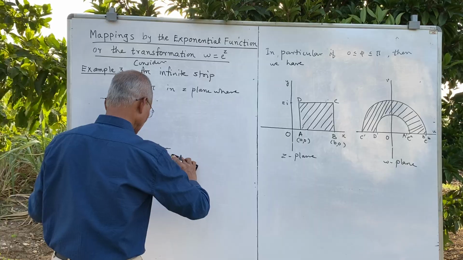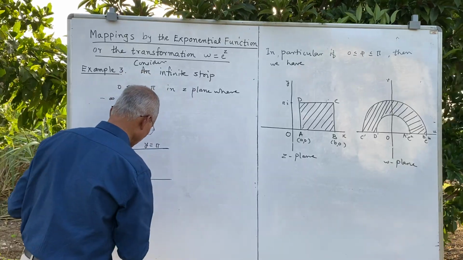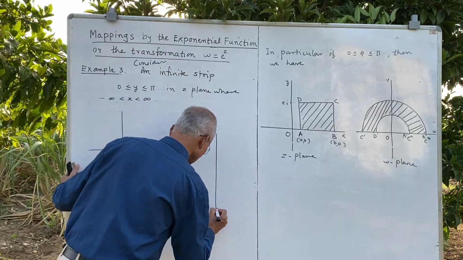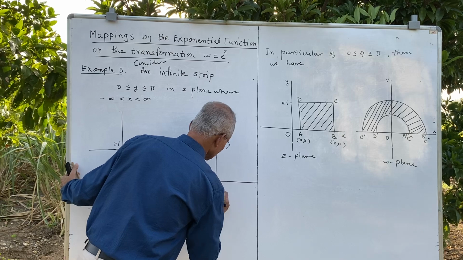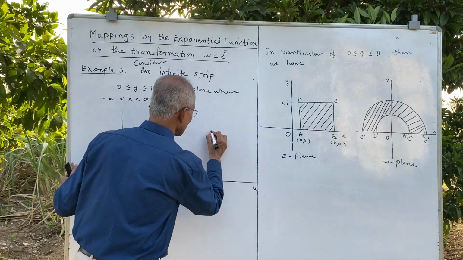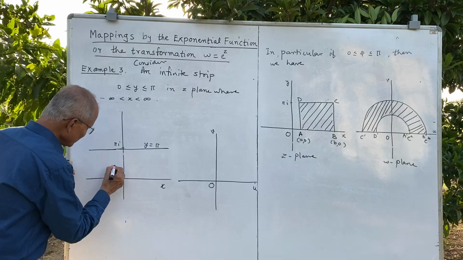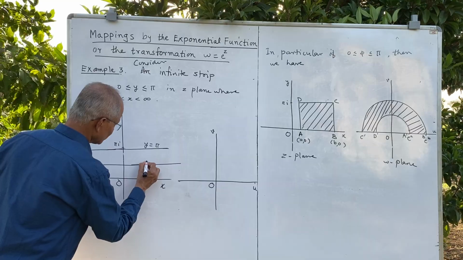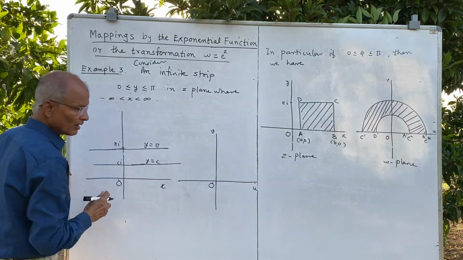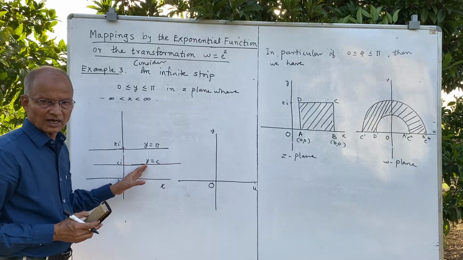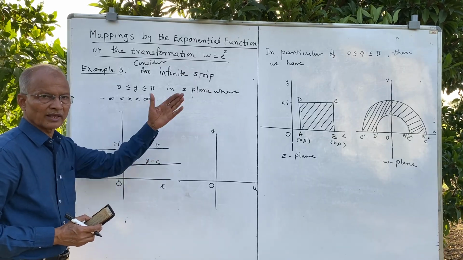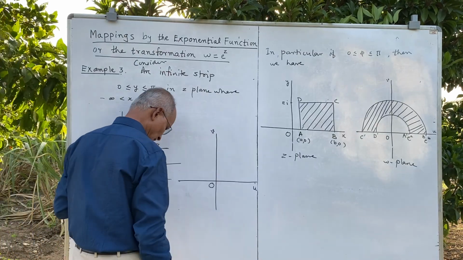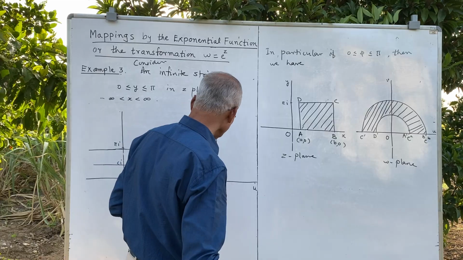Now if I show it on the W plane, see an intermediate line y is equal to c will be mapped. How will this line be mapped? We have seen earlier, a horizontal line will be mapped on a ray, that is phi is equal to c, and therefore this line will be mapped on phi is equal to c.